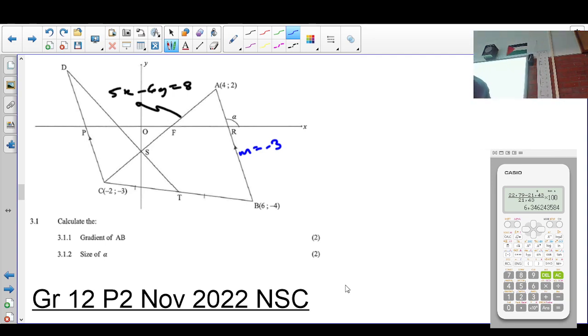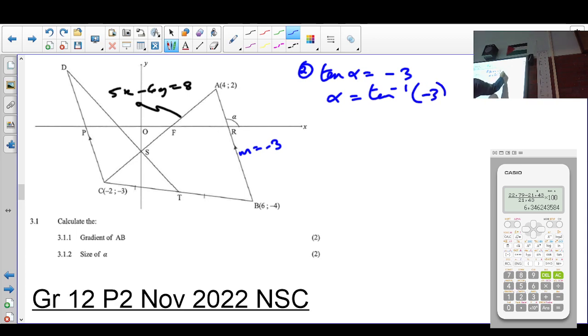Right. Then solve for alpha. So what we say is tan alpha equals negative 3. We do arctan of negative 3. Because it's negative, we add 180.